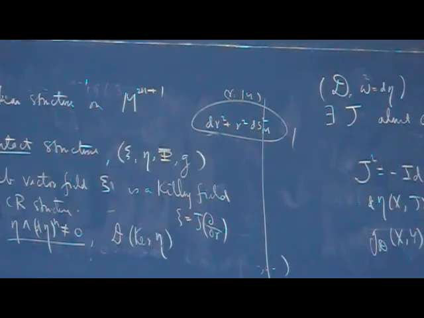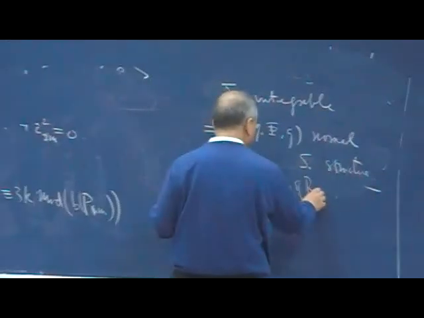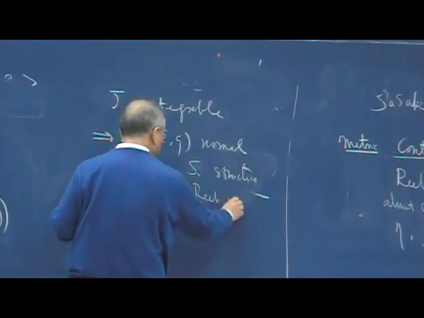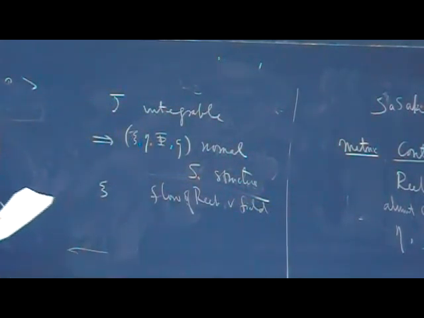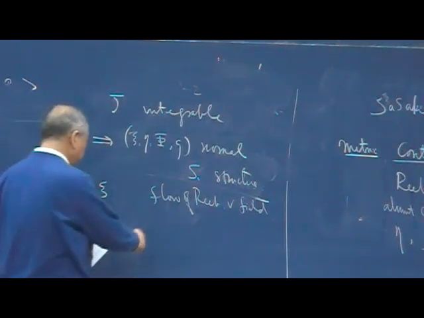But in that case, we do have a vector field, theta, which is nowhere vanishing. And this vector field is defined as a flow. It's called the Reeb vector field. The flow of this Reeb vector field defines a foliation, sometimes called the characteristic foliation.